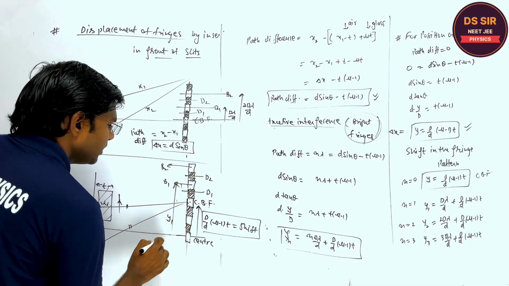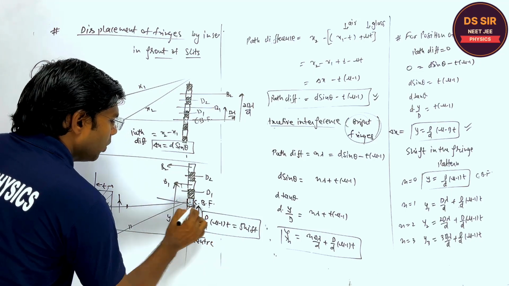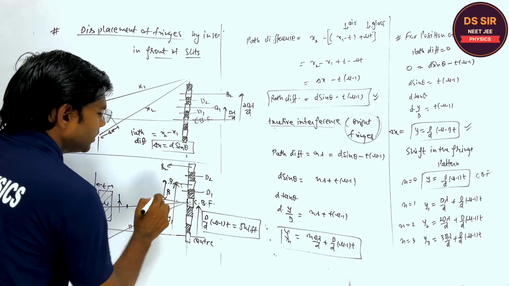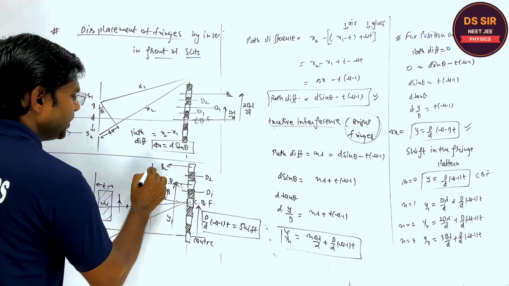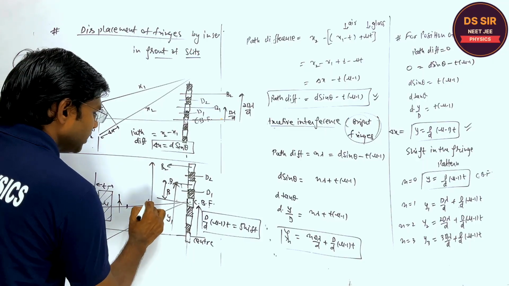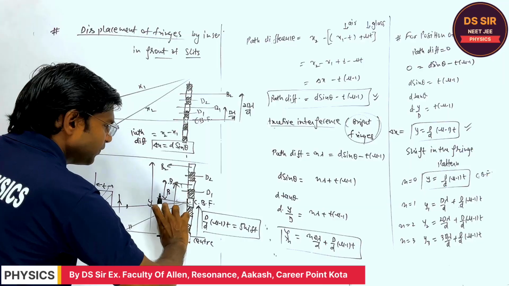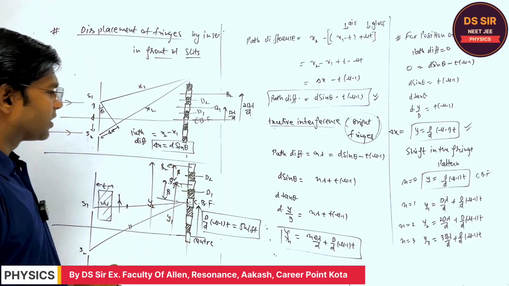Y1 is equal to this distance plus how much? You tell. It is equal to d lambda over d, because this is the beta. What is the distance of the b2 from the center? This is the y2. This is the beta, this is the shift, plus one more beta is over there. You are getting the figure, Sanjay?